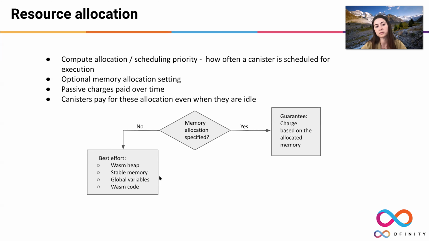Otherwise, we estimate the canister memory usage based on Wasm heap, stable memory, global variables, and Wasm code. And here I would like to make the side note that, as Dimitris disclaimed in the beginning, the charges might change in the future.